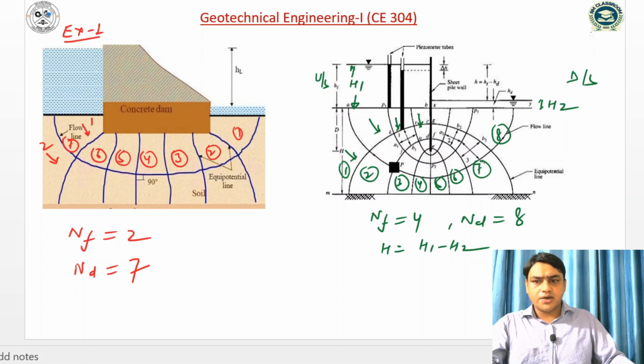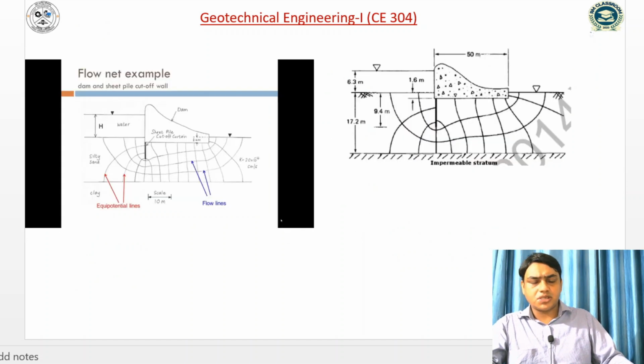Similarly, let us take another example. This is another example of a flow net. Here we can see that the flow can be from this way to this way. So 1, 2, 3, 4. So NF is equal to 4.